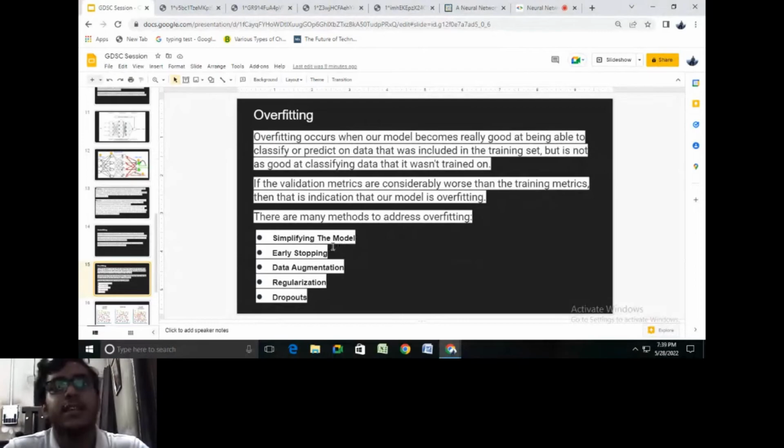So the first method is simplifying the model. This is very much intuitive. If the model is too complex, then there's a high chance of overfitting. Simplifying the model often solves the problem of overfitting. And then there are other methods like early stopping, data augmentation, regularization, and dropouts.